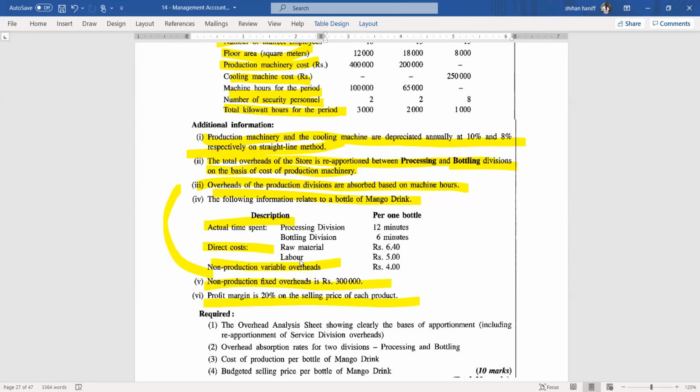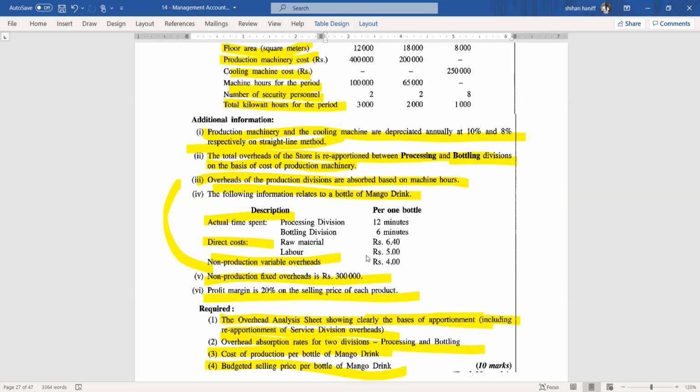Profit margin is 20% on the selling price of each product. Required: the overhead analysis sheet showing the basis of apportionment, including reapportionment of service division overheads, absorption rate for the two divisions, processing and bottling, cost of production per bottle, budgeted selling price per bottle.